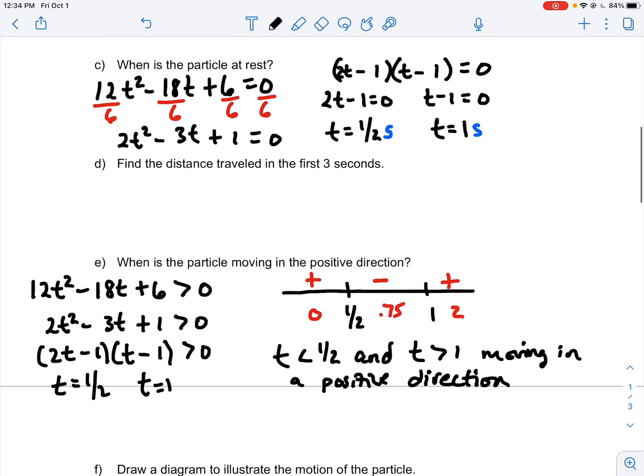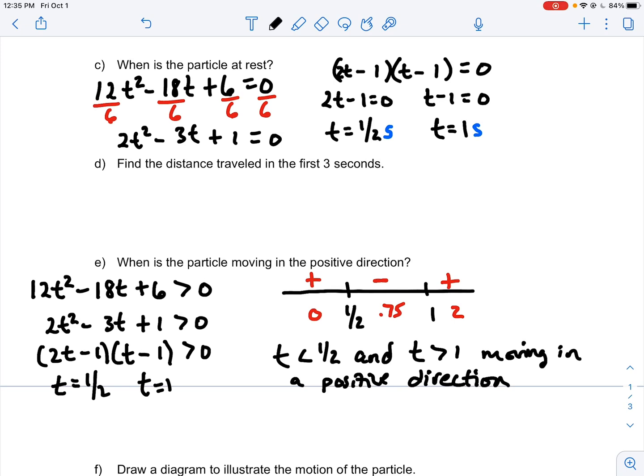Now, based on that, and based on knowing when it's at rest, we can actually figure out letter D. So letter D asks you to find the distance traveled in the first 3 seconds. Okay? Find the distance traveled within the first 3 seconds.